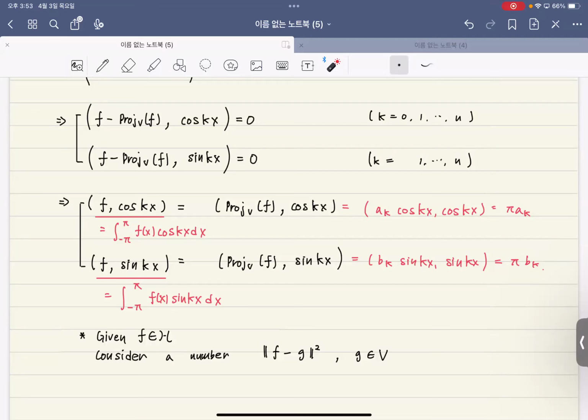And this number is being minimized. So the projection of f onto the vector space V means that the projection is actually minimizing the discrepancies between these two functions. In this sense, we say the projection is a least square solution of the function in this function space.